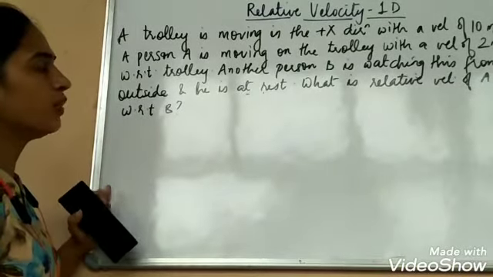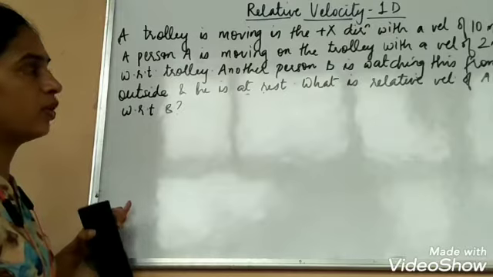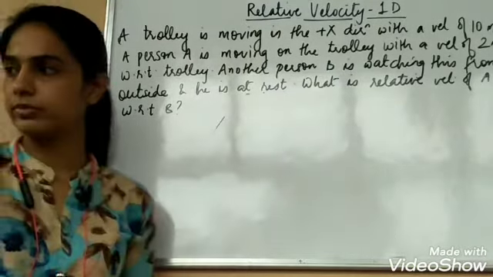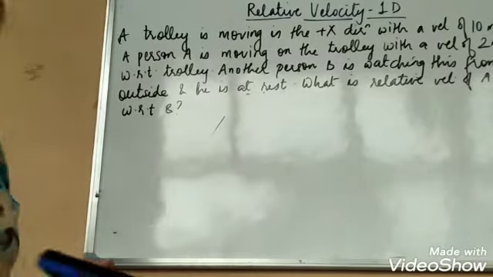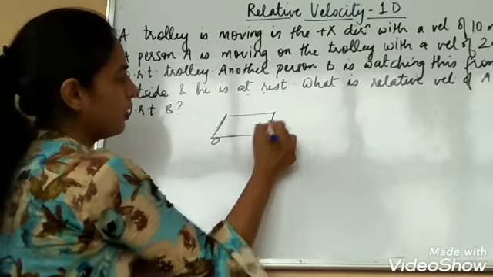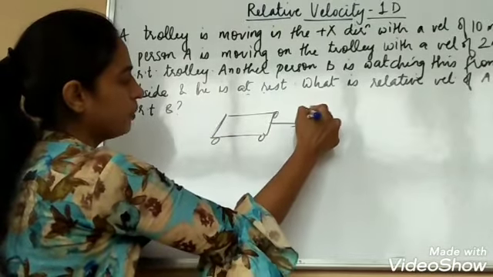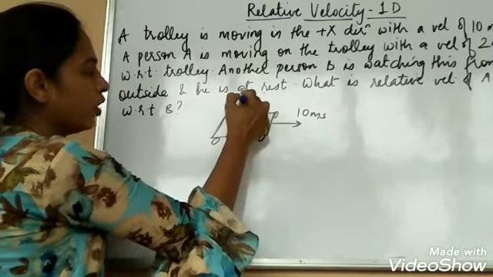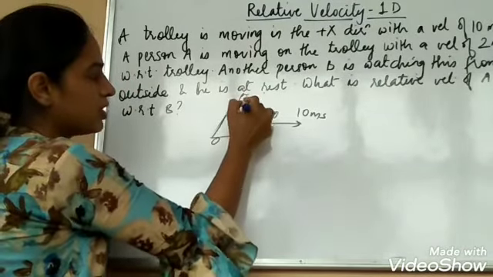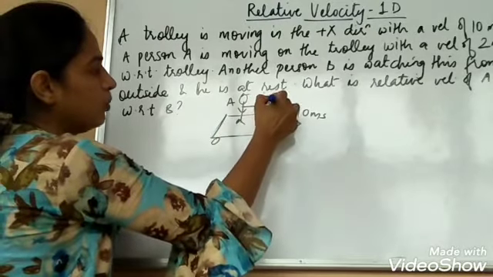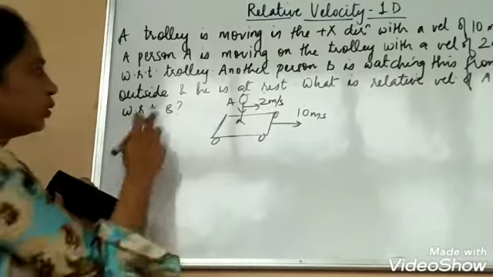So a trolley is moving in the positive x direction with a velocity of 10 meter per second. There is a person A who is also moving on the trolley with a velocity of 2 meter per second with respect to the trolley.